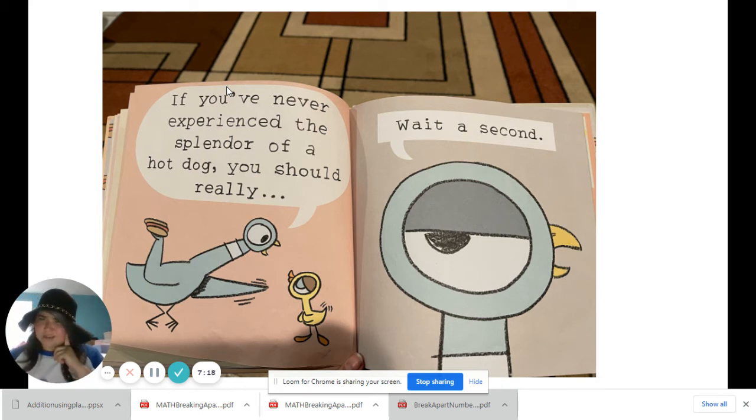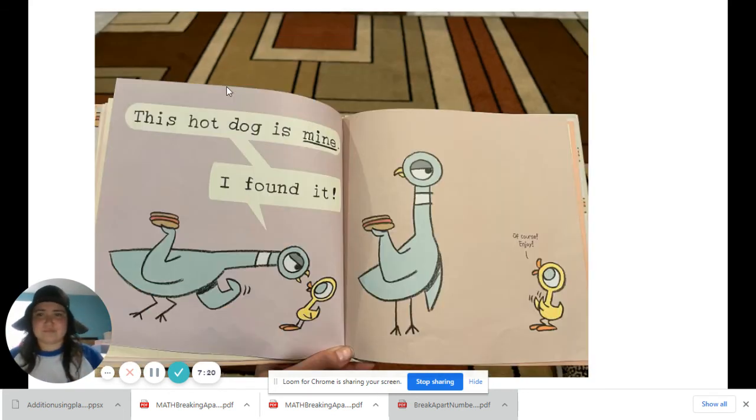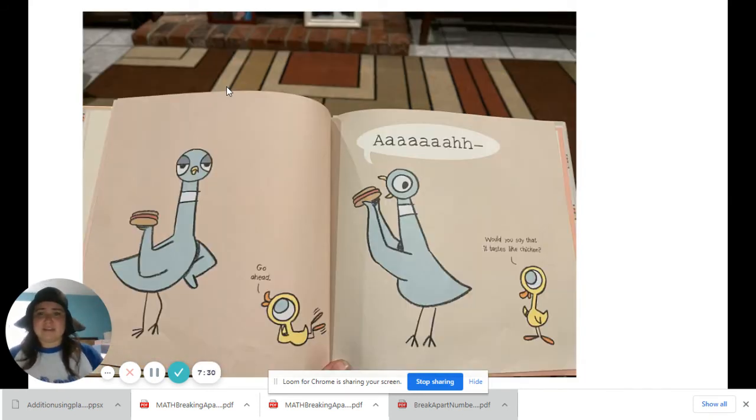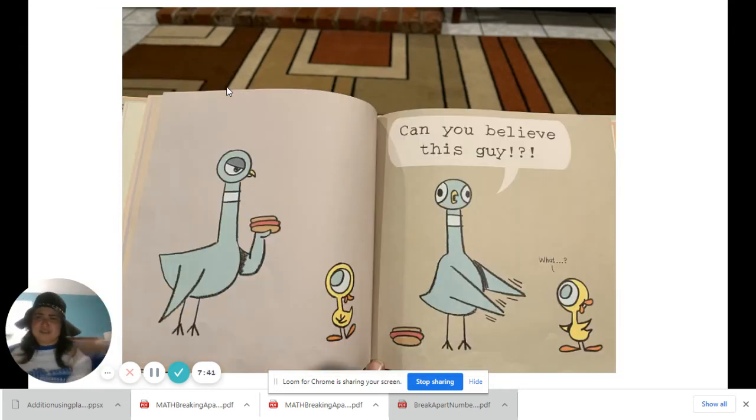Wait a second. This hot dog is mine. I found it. Of course. Enjoy. Go ahead. Would you say it tastes like chicken? Can you believe this guy?